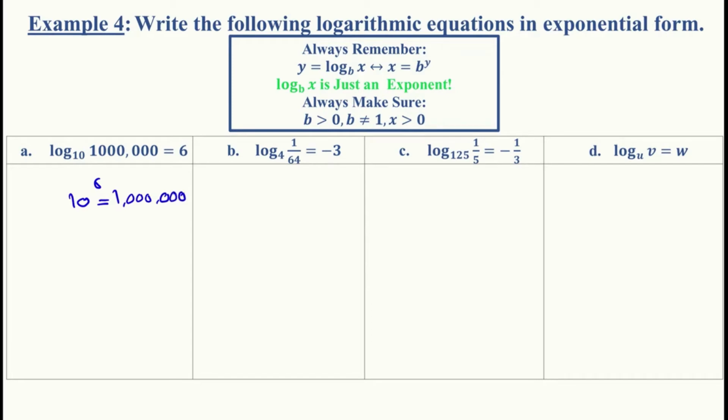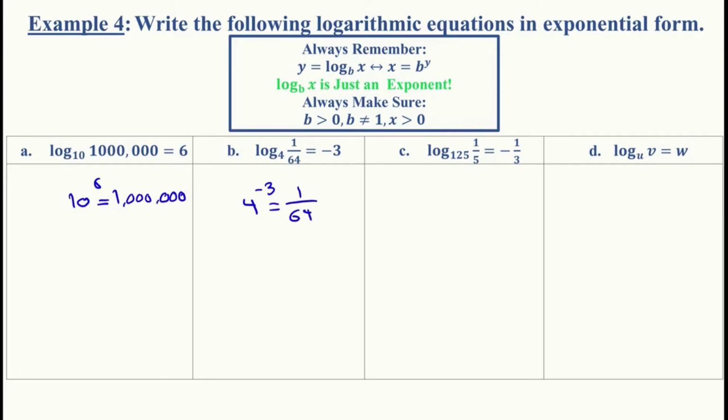All right. So for the next one, as you know, same business. The base remains the base. The entire log, which is equal to -3, is going to be the exponent, and the power is going to be the argument.